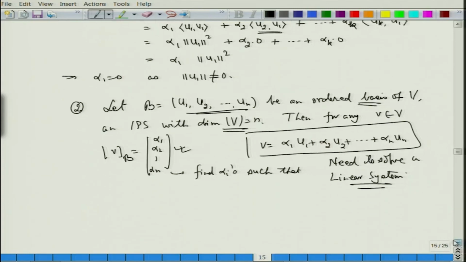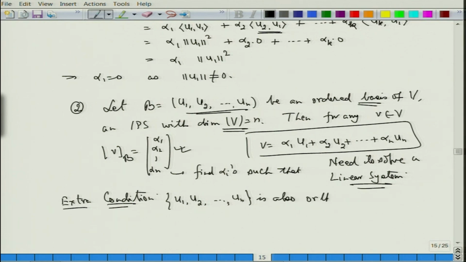But suppose I assume an extra condition: this set u1, u2, up to un is also orthogonal itself.